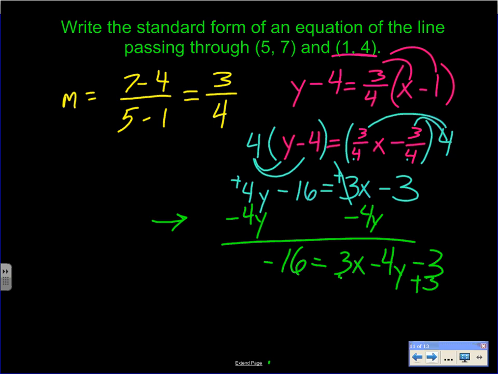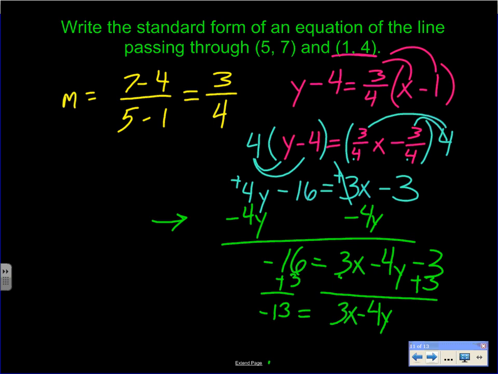And to finish this out, add 3 to both sides. So 3x minus 4y is equal to negative 13, which is what we had before. You're going to get to the same standard form equation as long as you follow your mathematical operations properly and correctly.